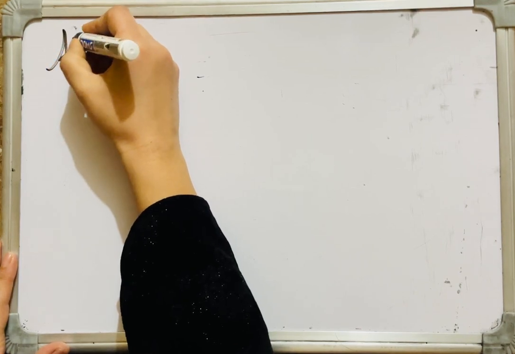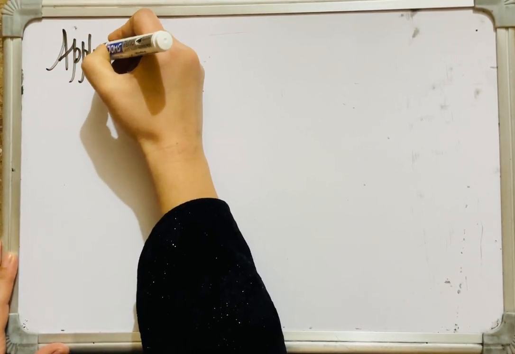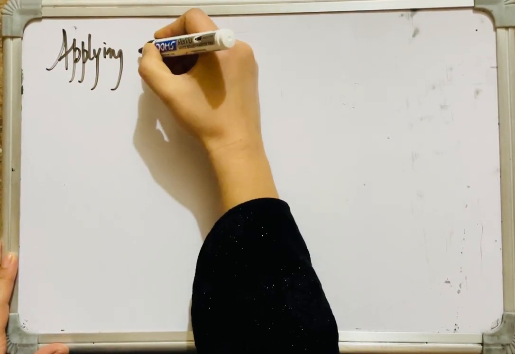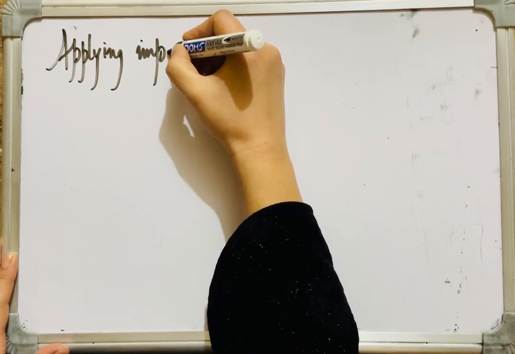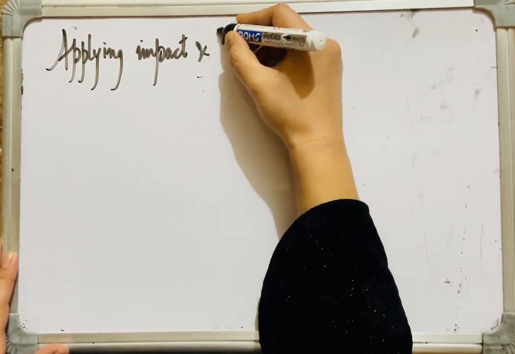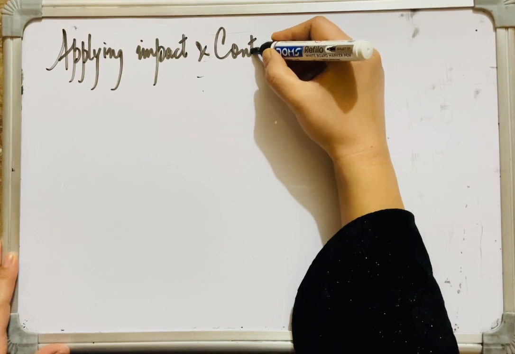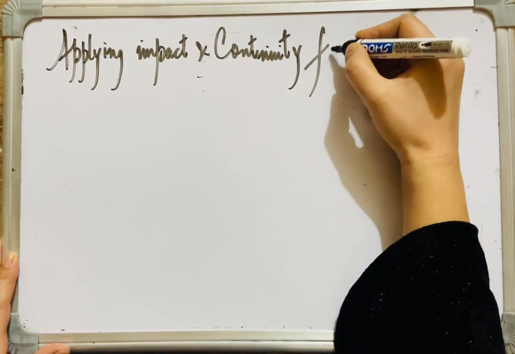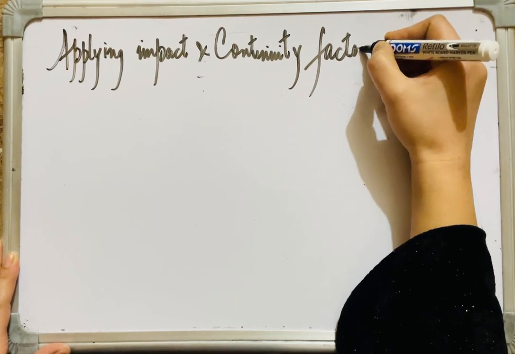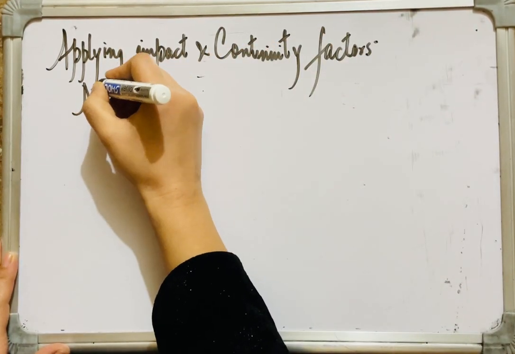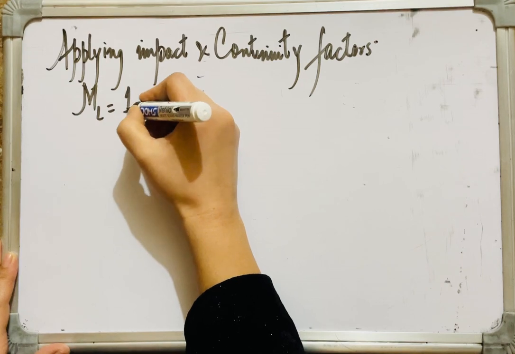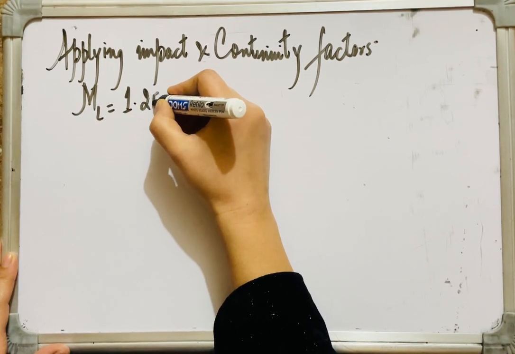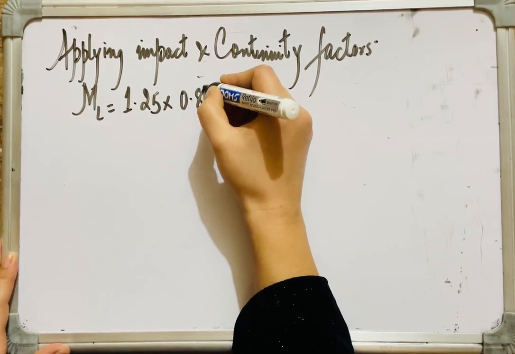अब मैं इस पे भी apply करूँगी अपना impact factor और continuity factor. Applying impact and continuity factors. Applying impact and continuity factors to my bending moment along the longer span, it is 1.25 into 0.8 to allow for continuity.